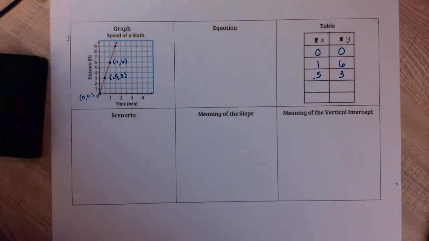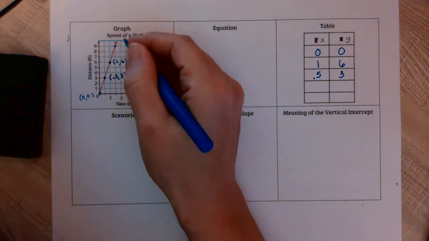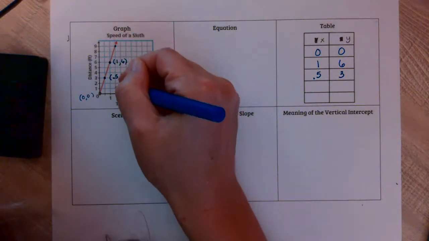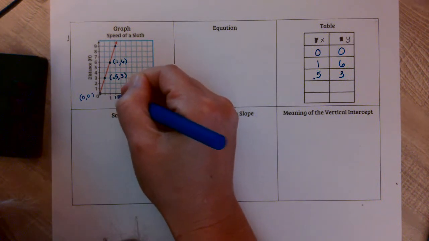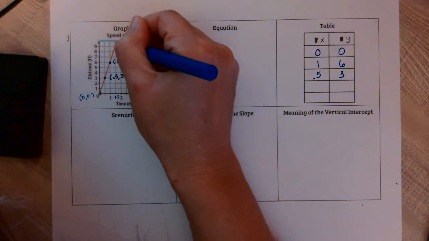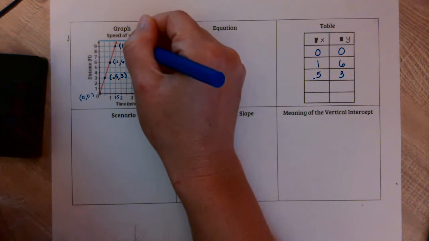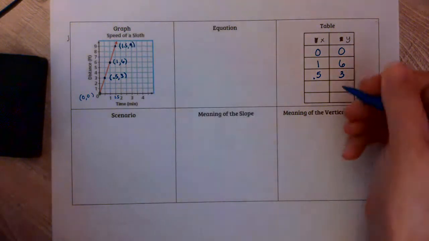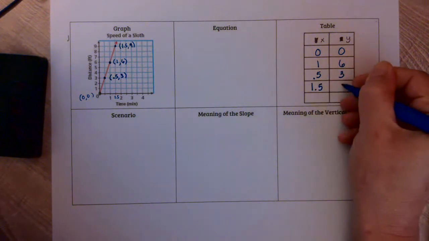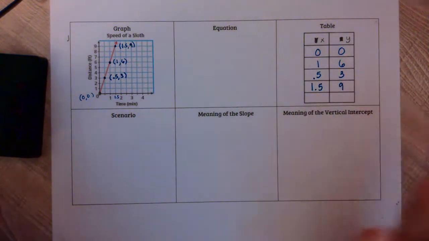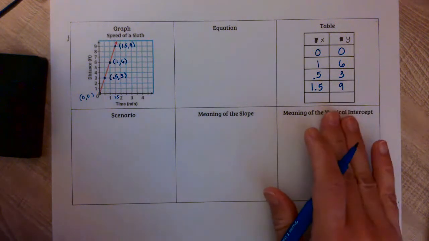Okay, and if I go up here, it's halfway between 1 and 2, so that would obviously be 1.5. So this is 1.5 goes with 9. Okay? Now, I do have one more in here I'm going to have to fill out. I can wait and do that in a little bit.